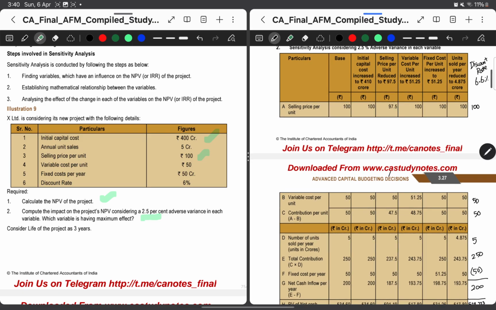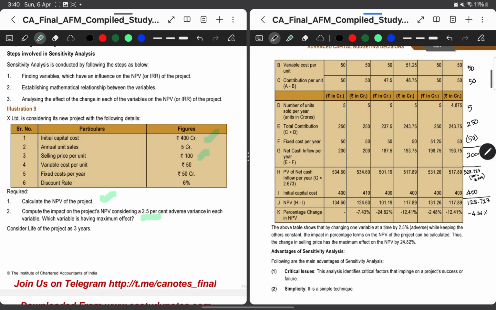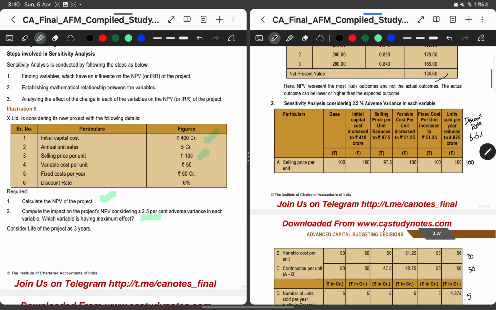Considering 97.5 as the selling price, we are getting an NPV of 101, which is again a reduction from 134. The reduction is 24.82%.